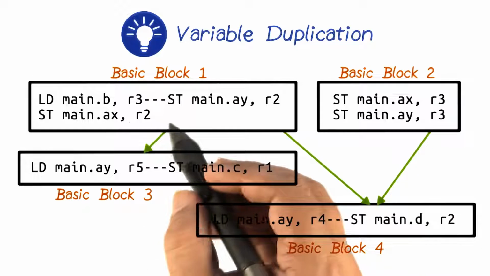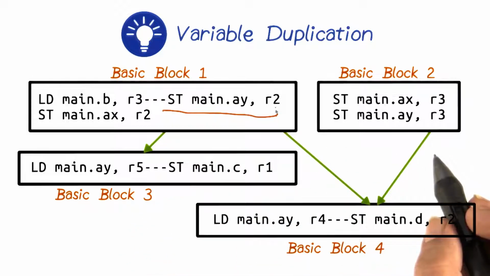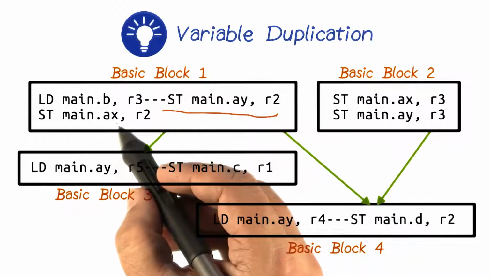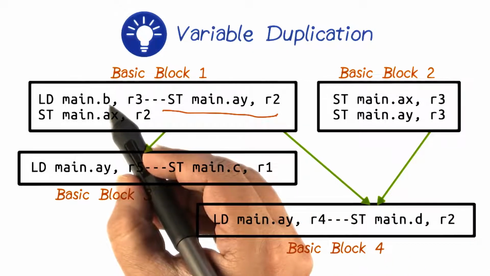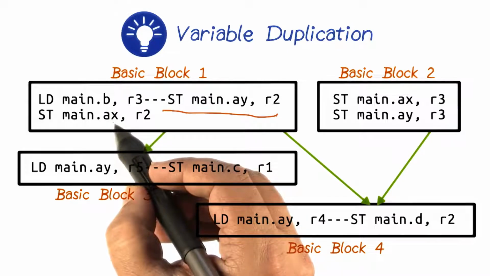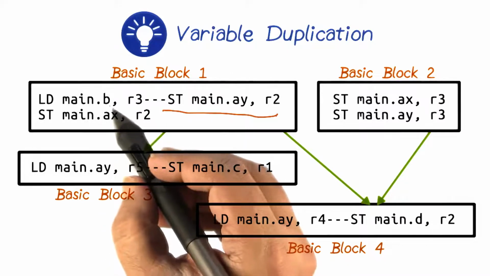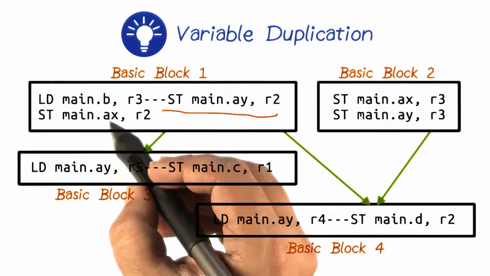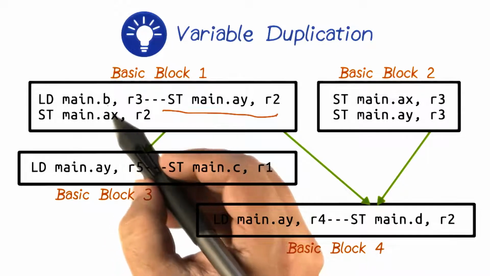So initially we do not have this store going into Y bank, we just have a store going into X bank, and so this variable B is also in the X bank, this store is also in the X bank, and that prevents parallelization here because remember the operands must be in two different banks. So if B is in X bank and so is A, that's going to prevent parallelization.